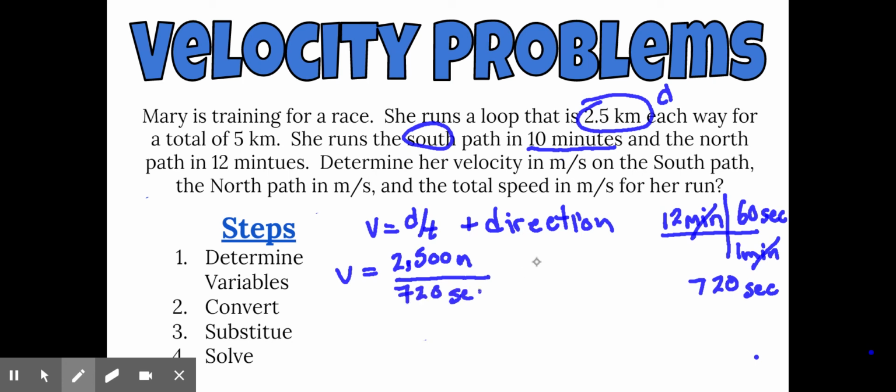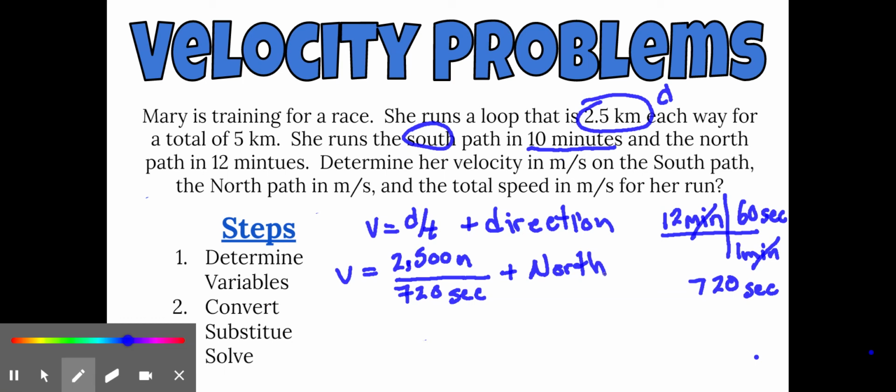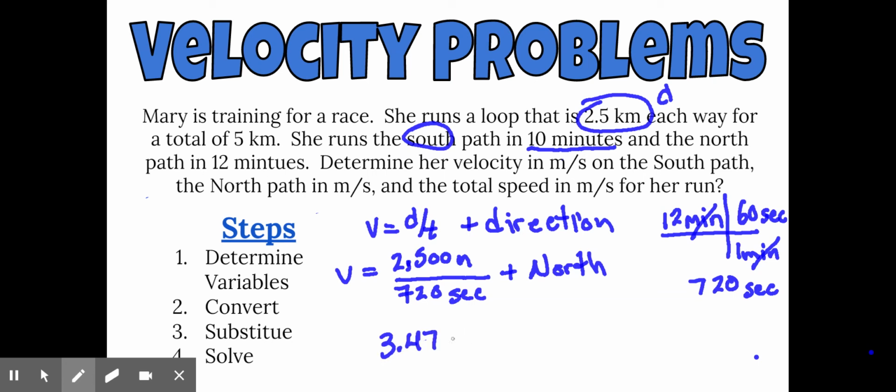And now my direction is north. When you plug that into a calculator, we get our new answer. She's going a little bit slower at 3.47 meters per second, because we have meters and seconds, to the north. And that's our answer for part 2 of this problem.